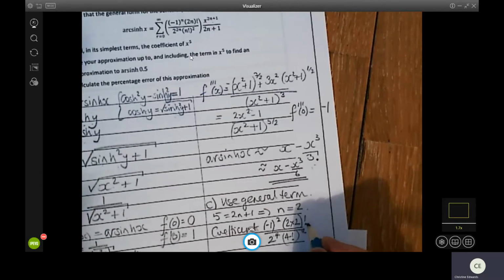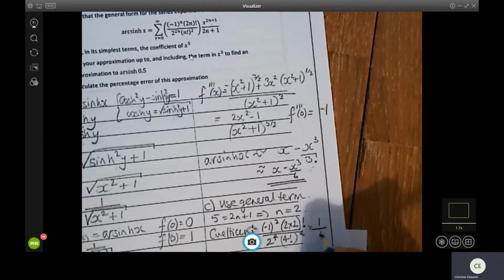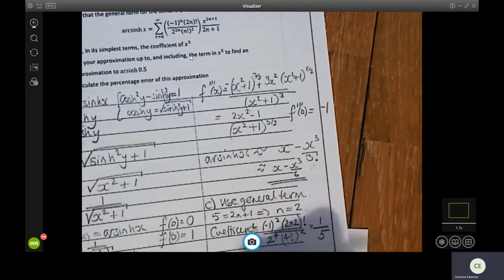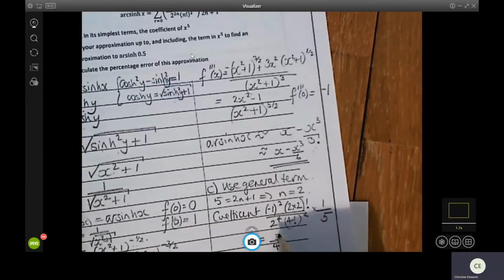And we're also going to have the 2n plus 1 that's on the bottom of the x to the 5, so that's going to be a 1/5. So that gives me a value of 3 over 40. So that is the coefficient of the x to the 5 term.